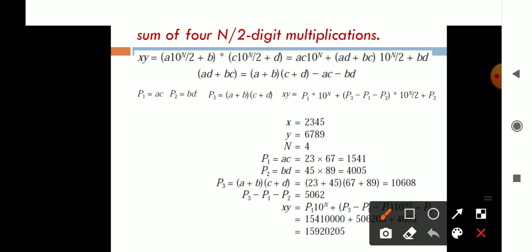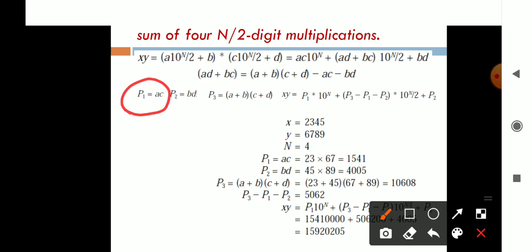We start with the first calculation, P1 is equal to AC. Now the large problem is divided into smaller problems, P1, P2, P3, and then we are going to combine them into a single problem.